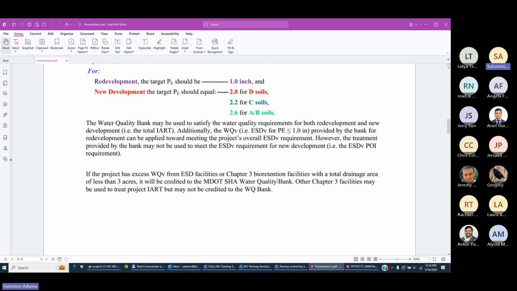They can give us credit if we treat more than the required water quality volume.